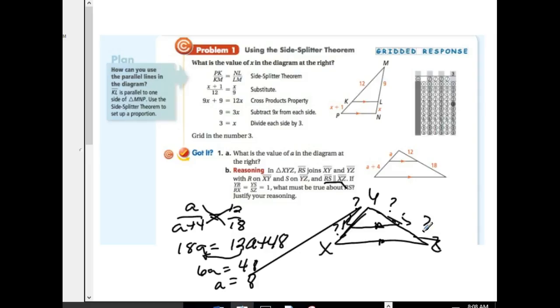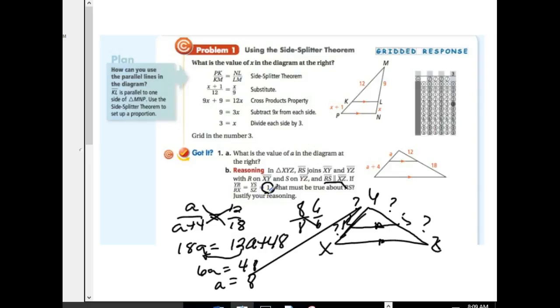For your proportion to end up being 1, remember the only way to get 1 is to have any number over the same number, like 8 over 8 or 6 over 6 or 5 over 5. That's the only way to end up with 1.